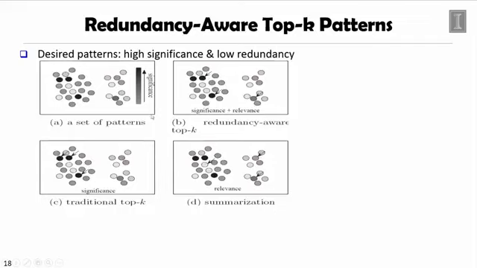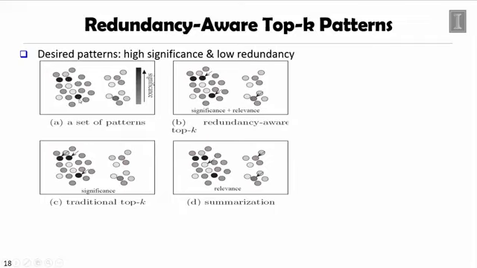Okay. Let's look at this A, B, C, D, 4 different kinds of compression. Actually, A is a set of original patterns. Their clusters show their pattern distance, and the color, the darker shows it's more significant, the lighter shows it's less significant. Okay. In that case, you probably can see in this bigger cluster, there are 3 patterns.